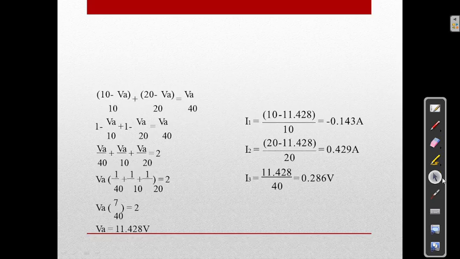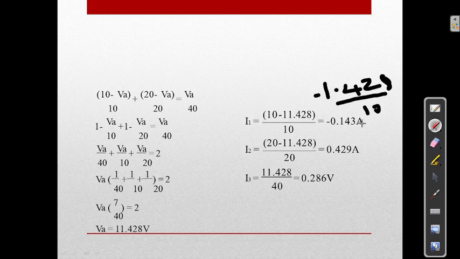From that VA, we will find I1, because we already have VA. So I1 is equal to (10 minus 11.428) divided by 10, which is minus 1.428 divided by 10. That gives minus 0.143 amps for I1.